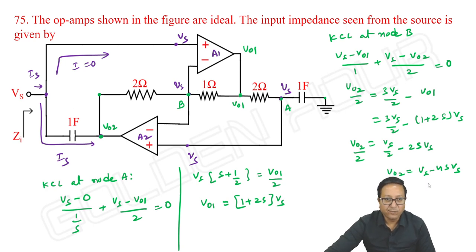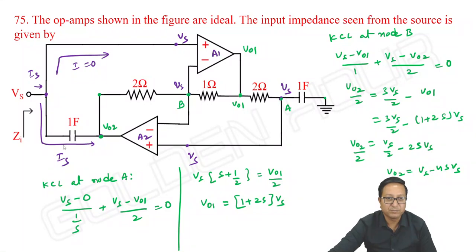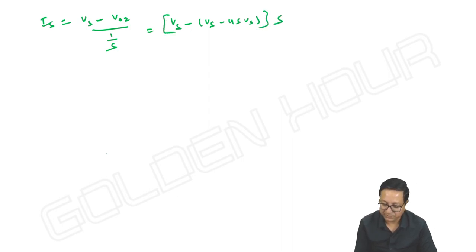So now what about Is? Is is equal to Vs minus VO2 by 1 by s, because C value is 1. So Vs minus VO2 is Vs minus 4s into Vs, whole thing multiplied with s.